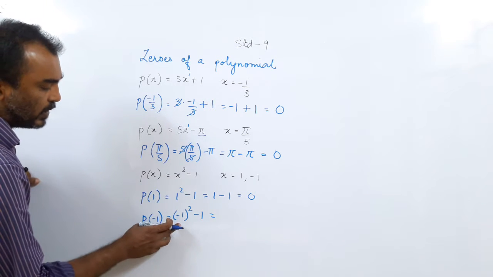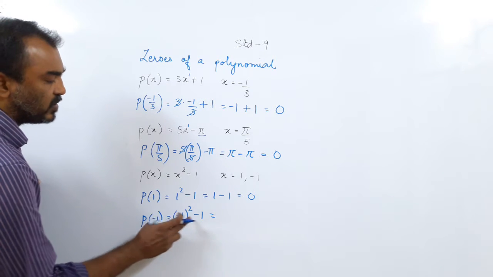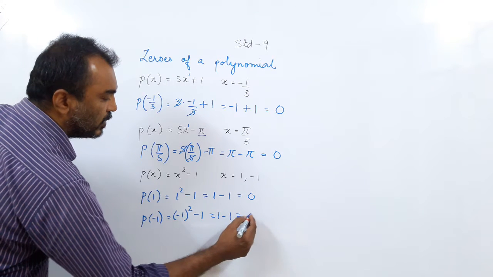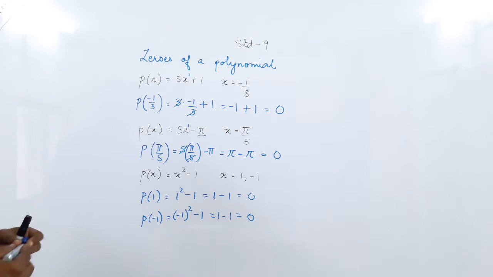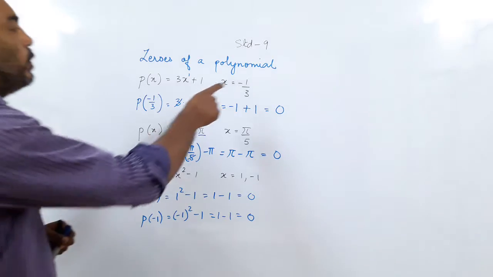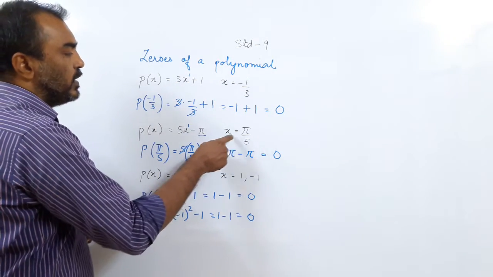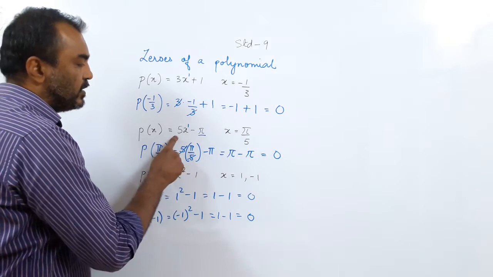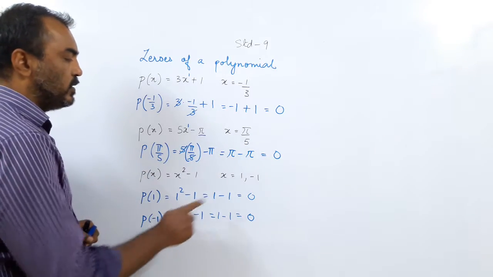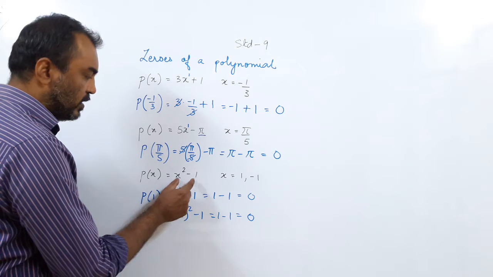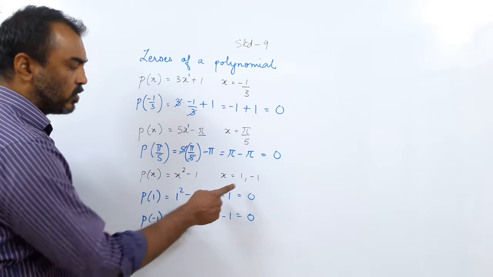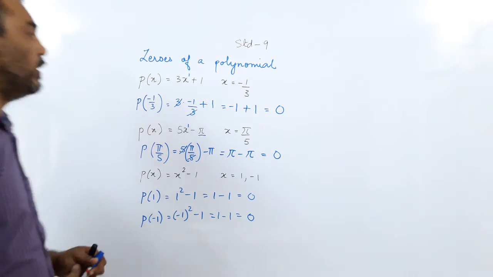Instead of x I put -1. Now -1 into -1 is 1. So 1 minus 1 is 0. So what you can see here: -1/3 is the 0 of this polynomial. x equal to pi upon 5 is the 0 of this polynomial. 1 and -1: this polynomial has two zeros, at 1 and -1.